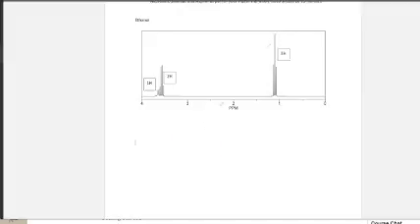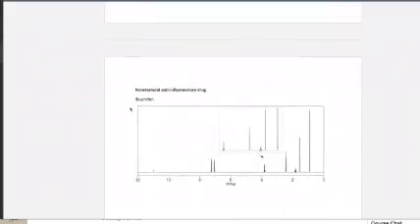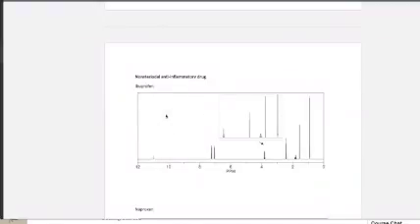So now, if we move on to the next example, which is going to be identifying it on an ibuprofen, or just an anti-inflammatory drug, we can see that in this example, ibuprofen contains 1, 2, 3, 4, 5, 6, 7, around 8 signals.